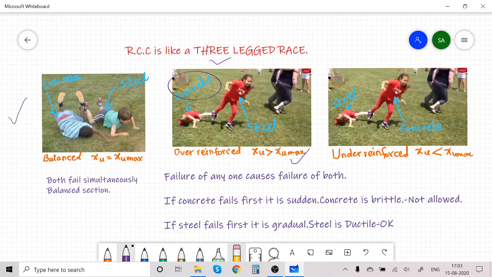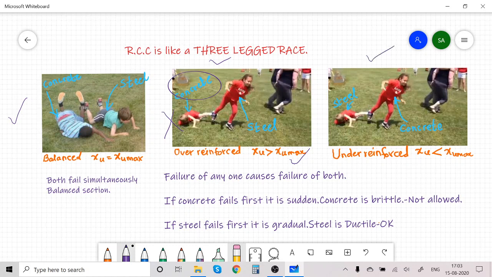As concrete fails first, and it is a brittle material, the failure is sudden. Persons do not get any warning of failure, so casualties are more. So the IS code does not allow designing this over-reinforced section. Here we get XU greater than XU max.